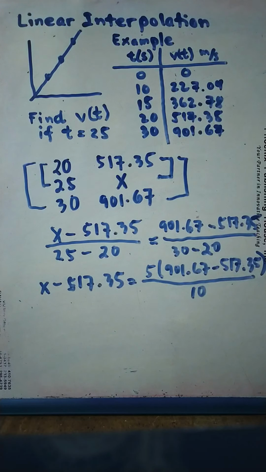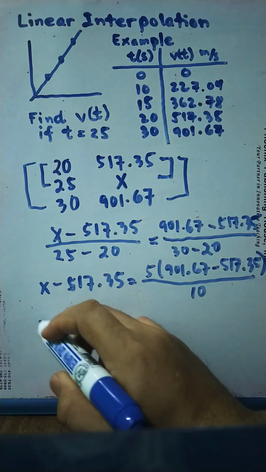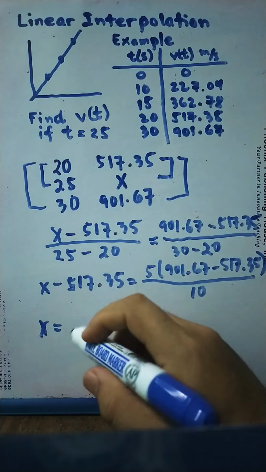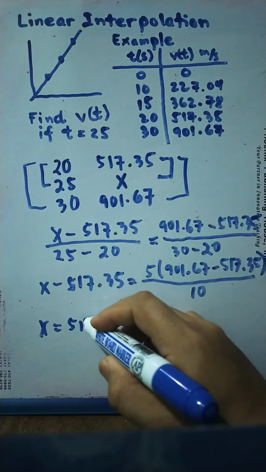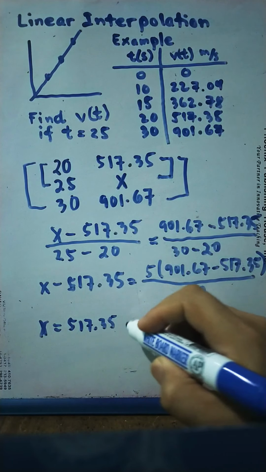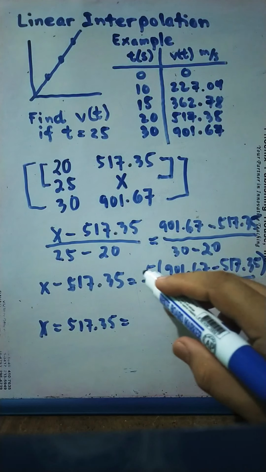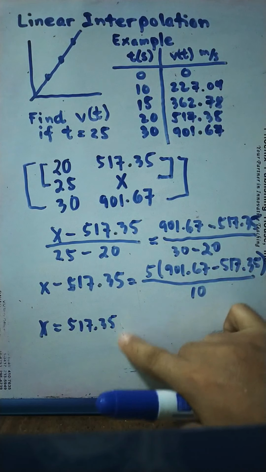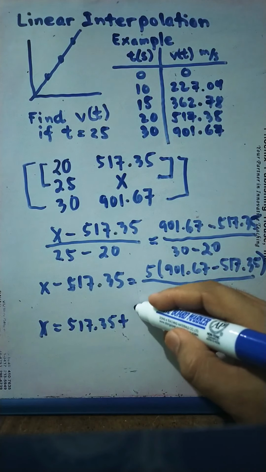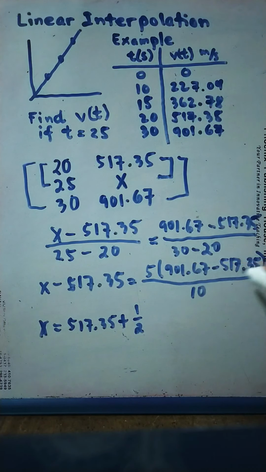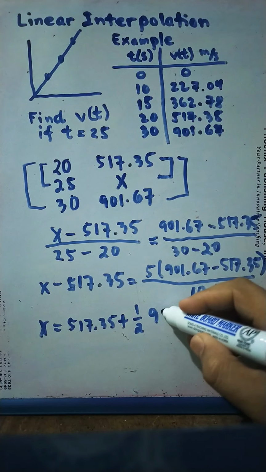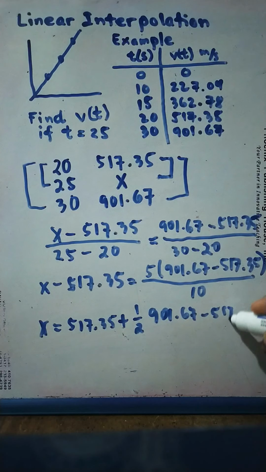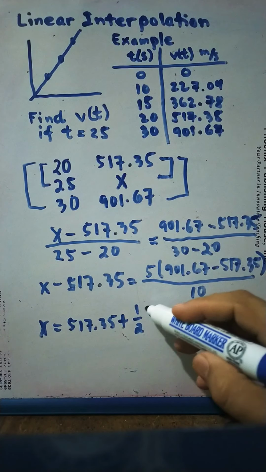And so we can find the value of x. The 517.35 will be transferred to the other side, and it becomes positive. So x equals 517.35 plus 5 divided by 10, that is 1/2, times 901.67 minus 517.35.